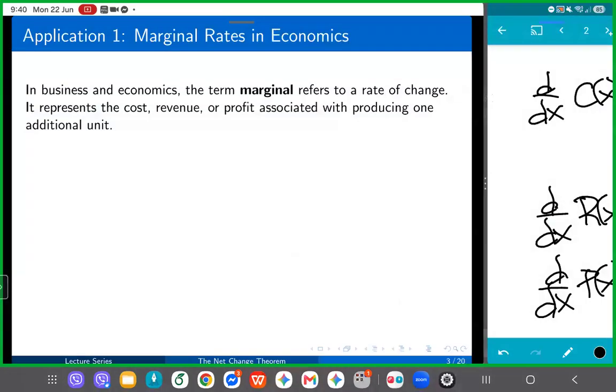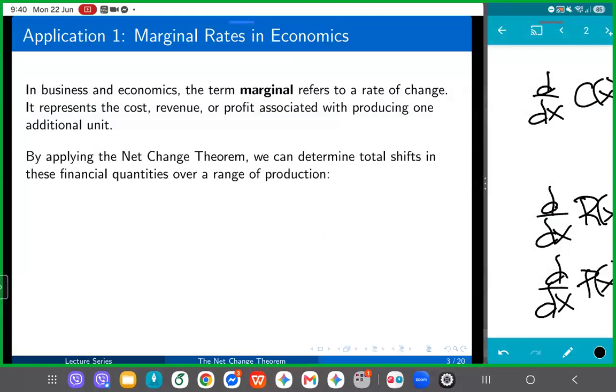So if we apply the fundamental theorem of calculus, again, we get the fact that the integral of the marginal, say, profit is the net profit. Okay, let's have those shown here. So we have first for cost, the net cost or the total cost, the change in the cost.